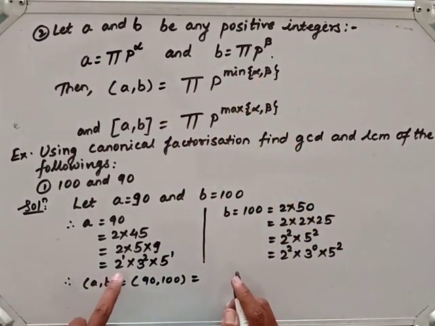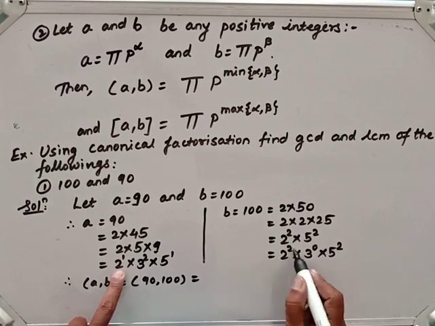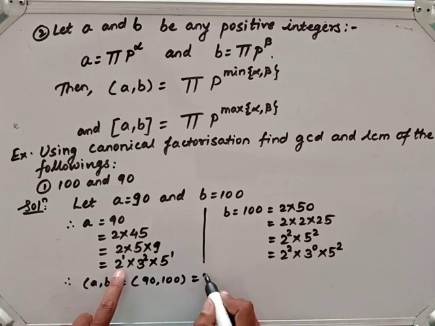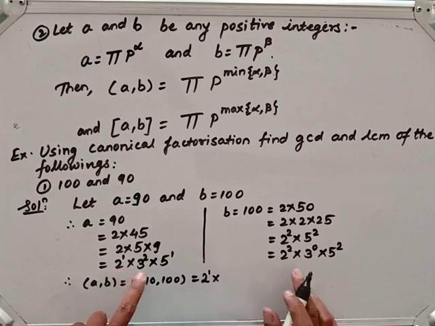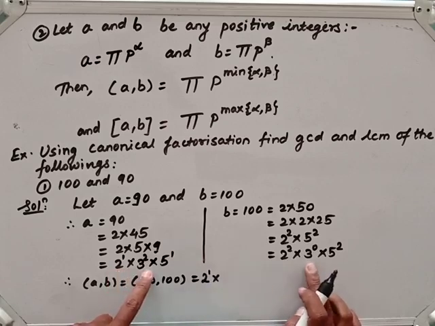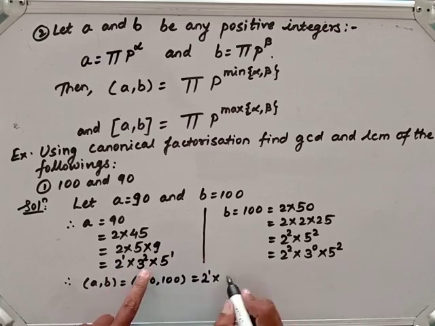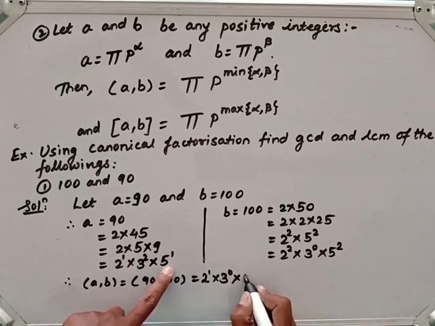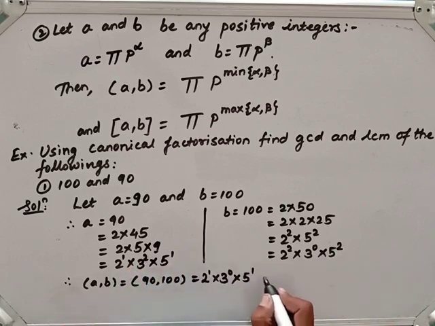Here 2 raised to 1, here 2 raised to 2. So what is the minimum among them? Minimum is 2 raised to 1. Now 3 square and 3 raised to 0, so the minimum among them is 3 raised to 0. 5 raised to 1, 5 raised to 2, the minimum is 5 raised to 1. So what is the product? This is 10. So GCD will be 10.